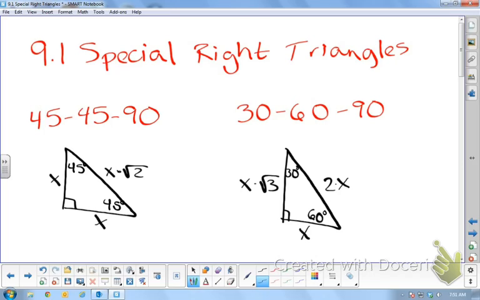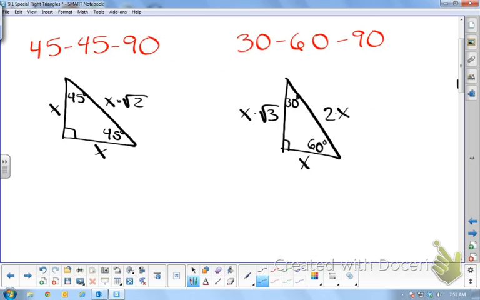So those are the formulas we're going to refer back to throughout all of class today. So let me show you why now.